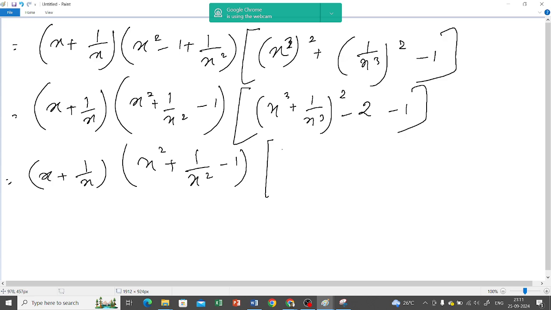Okay. This is what we have now. A cube plus b cube can be broken as (a plus b) into (a square minus ab, that is 1, plus b square).